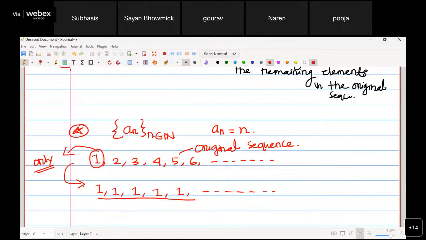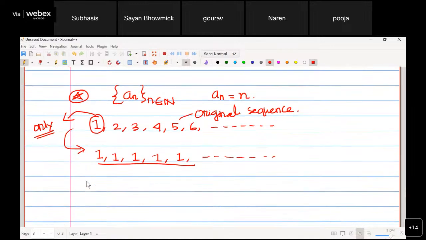So if in my original sequence one is appearing only once, then certainly in my subsequence one can't appear more than one time. So one can appear at most one time, unless I am removing one from my subsequence. Okay. So this sequence is not a subsequence.